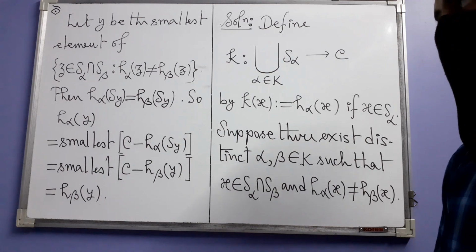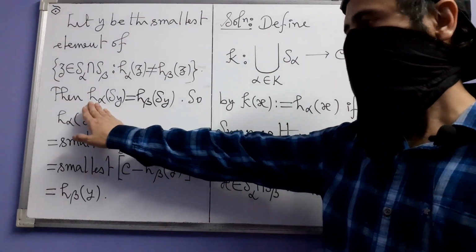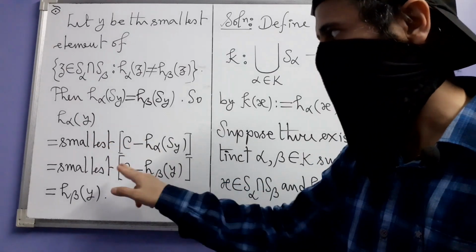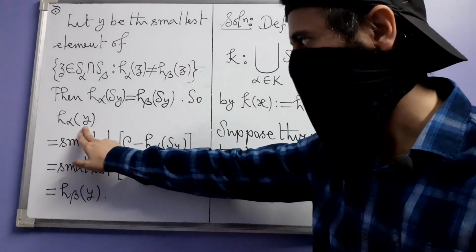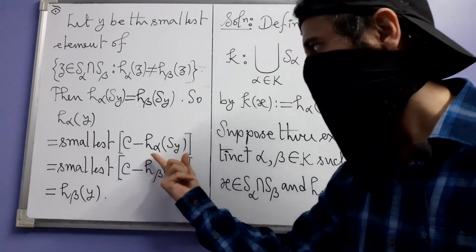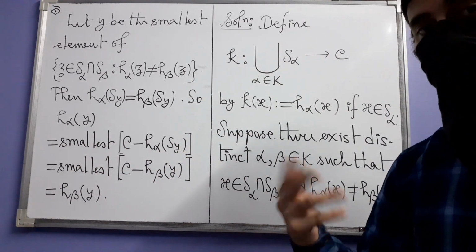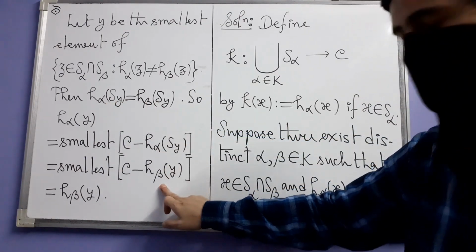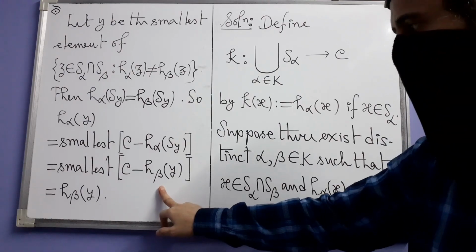Alright. Now recall that our H alpha satisfies condition star. So by that condition, H alpha of Y is the smallest element of the difference C minus H alpha of Sy. But this is equal to this, so that's what we used here.